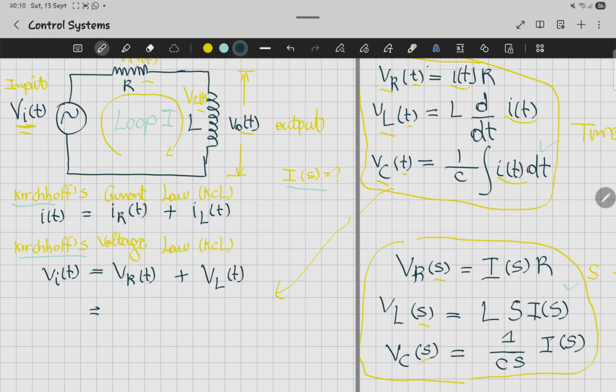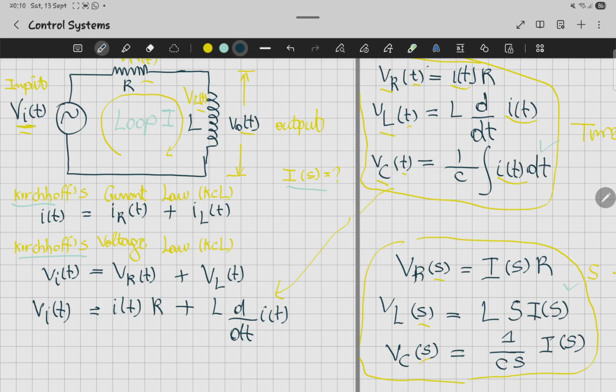So it's going to be the VR, something like this, R plus L d/dt of i. Okay, so this is what we get when we replace the value. This is what we get into the formula. So when we replace the formula of the current into that equation, this is what we get.